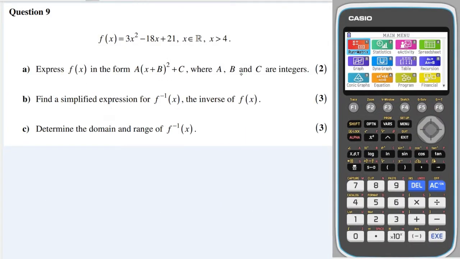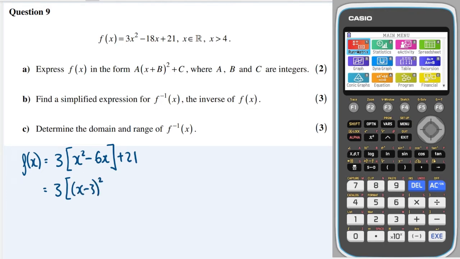Okay, we're asked to put it into completed the square form, so I can write f of x is equal to 3 lots of open brackets x squared minus 6x close brackets plus 21. If I complete the square inside the square brackets, I need to half the b term, which will give me minus 3. So x minus 3 all squared, and then I take away minus 3 squared, which is 9, so I take away 9.